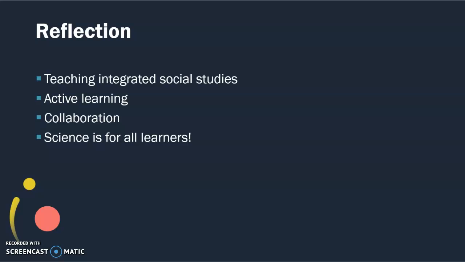A final point that involves the science lesson in particular is that science is for all learners. And I remember this point was made towards the beginning of the course. A lot of times people can think that students with disabilities or struggling learners don't really have the capacity for scientific inquiry.